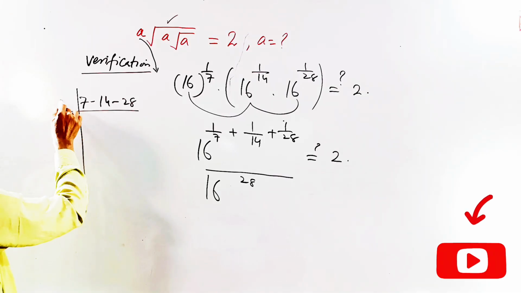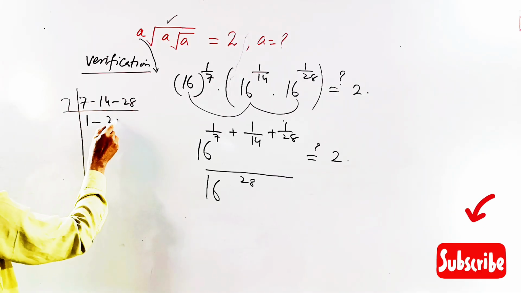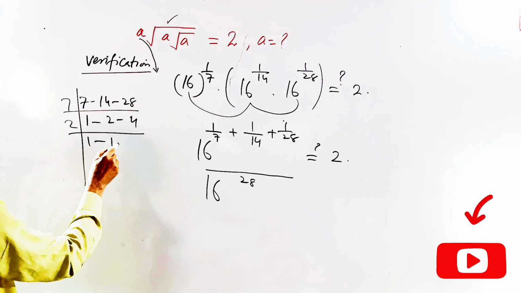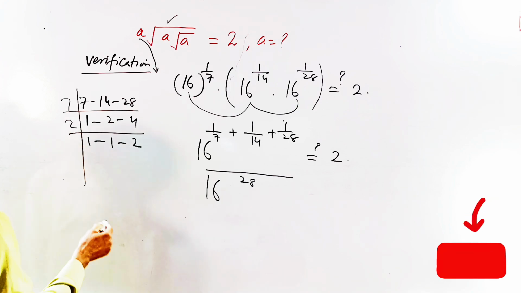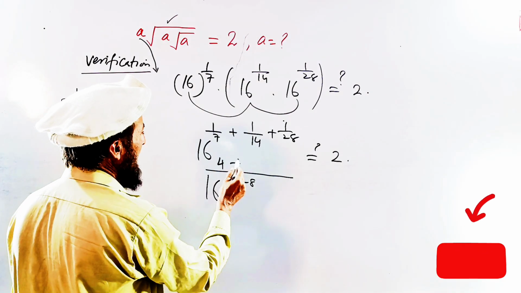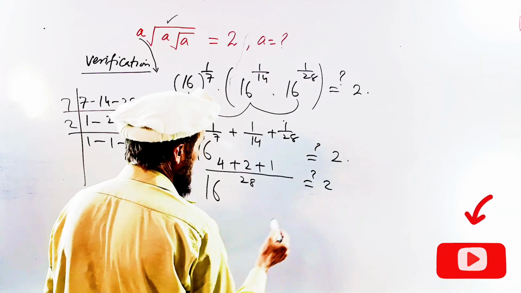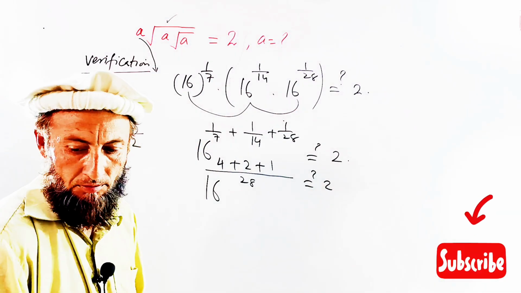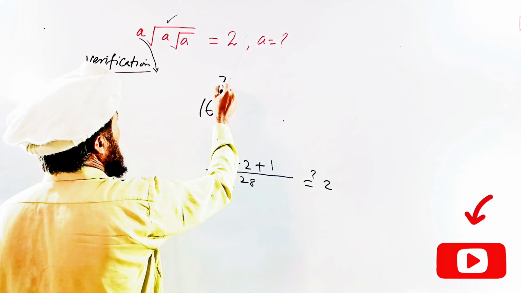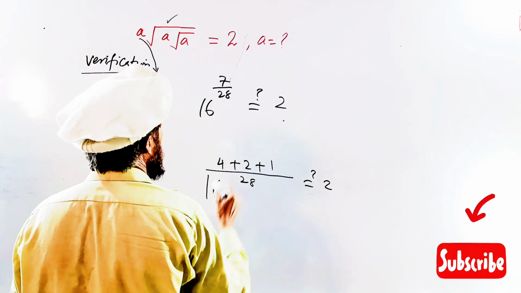We get here 28. 28 divided by 7 is 4, 28 divided by 14 is 2, and plus 1, is the question mark 2. 16 to the power, now we add the exponents, 7 divided by 28 is the question mark 2.